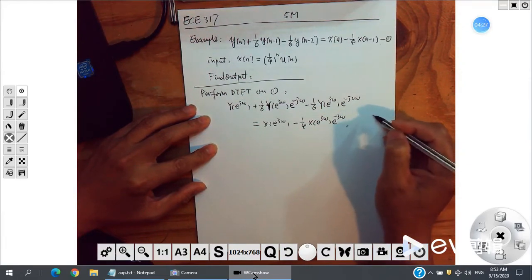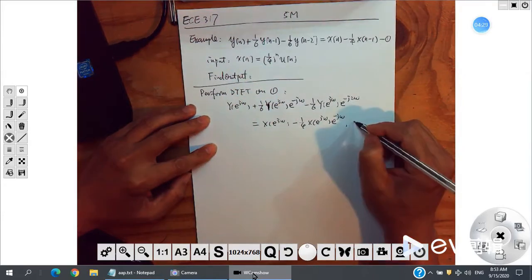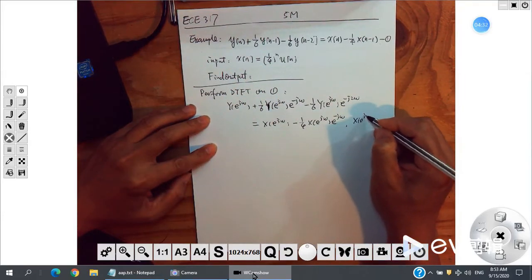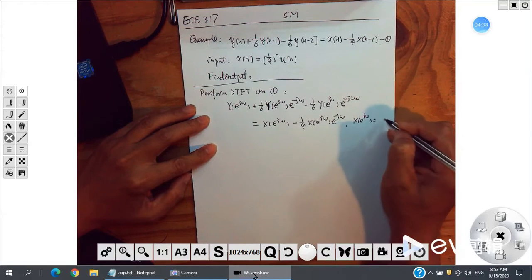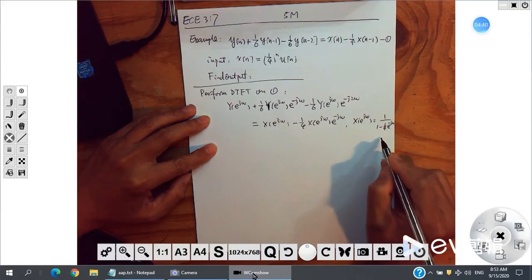And capital X of e to the j omega will equal 1 over 1 minus 1/4 e to the negative j omega. You can find this from the table.